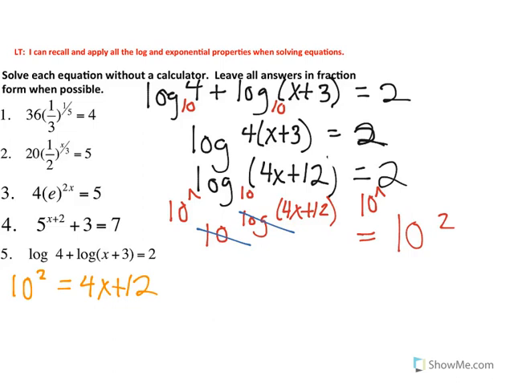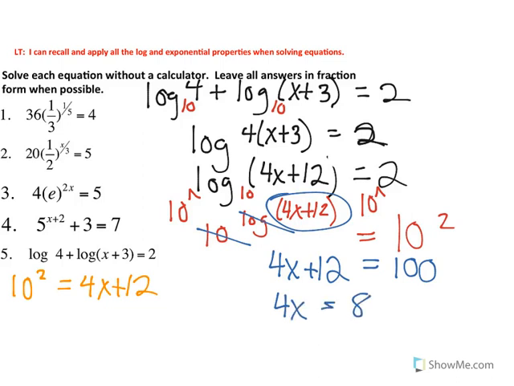I can cancel those out, loosely, I can drop those, leaving me with 4x plus 12. And that equals 10 squared, which is 100. Subtract 12 on both sides. Divide by 4 on both sides. And x equals 22.